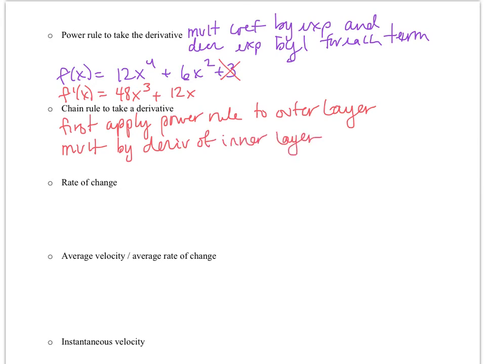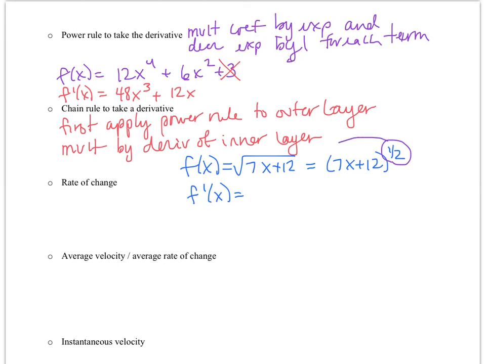So to show you what I mean, let's say I gave you the problem f of x equals square root of 7x plus 12. First of all, we want to represent this as something raised to an exponent. So I'm going to rewrite this as quantity 7x plus 12 raised to the 1/2 power. Now my power rule says that to take the derivative, I'm going to take this exponent, multiply it in the front, so I'll have 1/2 times quantity 7x plus 12, decrease the power by 1, so negative 1/2, and then now I need to multiply it by the derivative of the inside.